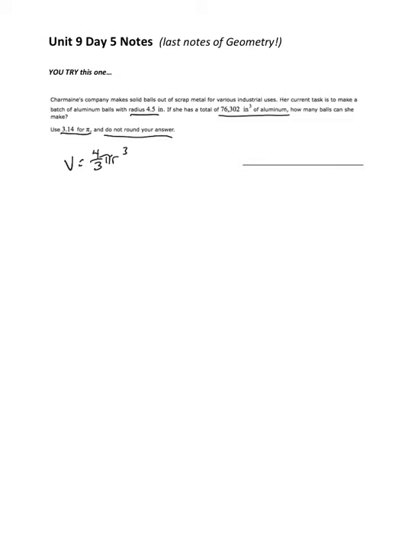Put things in the formula. 4 times 3.14. The radius is 4.5. 4.5 cubed over 3. 4 times 3.14 times 4.5 cubed. That's 1144.53 divided by 3. 381.51 inches cubed.